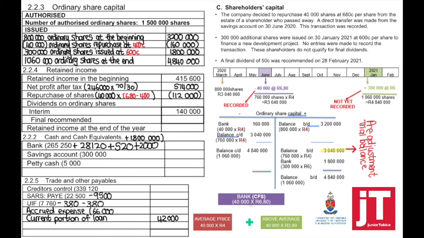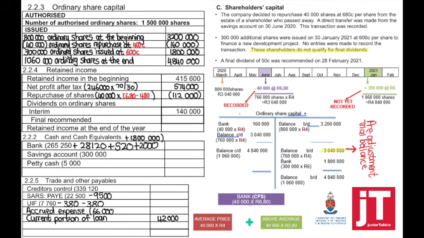We can now complete the ordinary share capital note. If I look at the balance at the end and we look at the number of shares, beginning minus the repurchase plus additions equals the end balance. The same as with the totals, beginning minus plus equals the balance at the end.